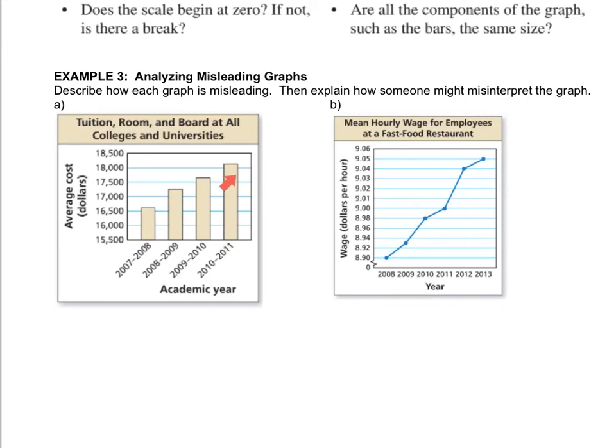So visually, it looks like this 2010-2011 bar is more than double this 2007-2008. But if you look at the numbers, 16,500 versus 18,000, it's not that much more. It's certainly not double. So the fact that it doesn't have a break is misleading.